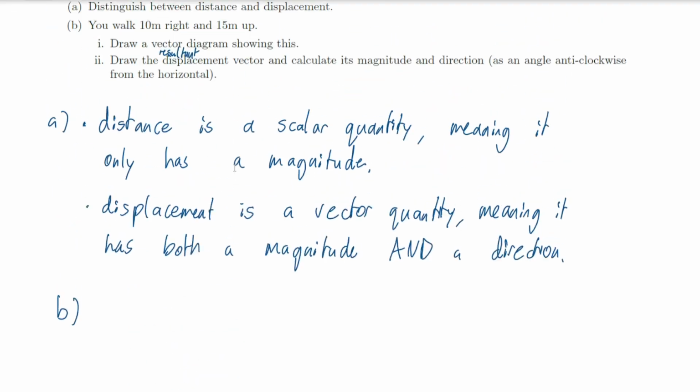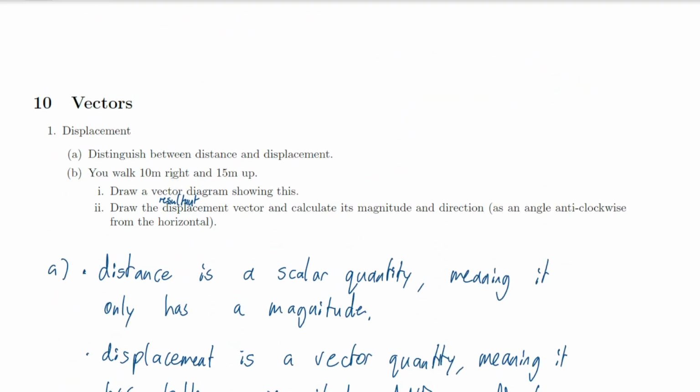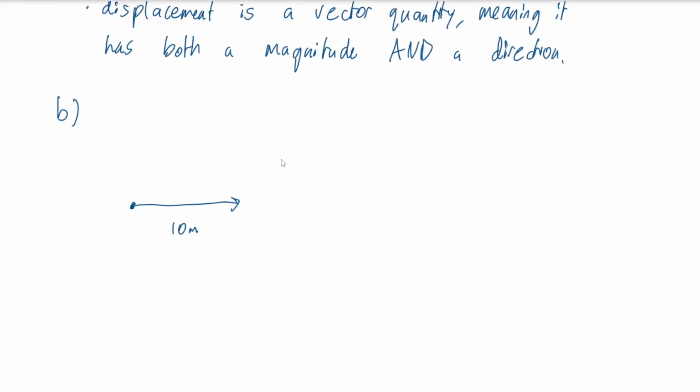So, vector diagram, 10 meters to the right, so let's put a dot to start off. I will draw an arrow to the right, and I will label its magnitude with 10 meters, and then 15 meters up. Now, is that a sensible diagram?